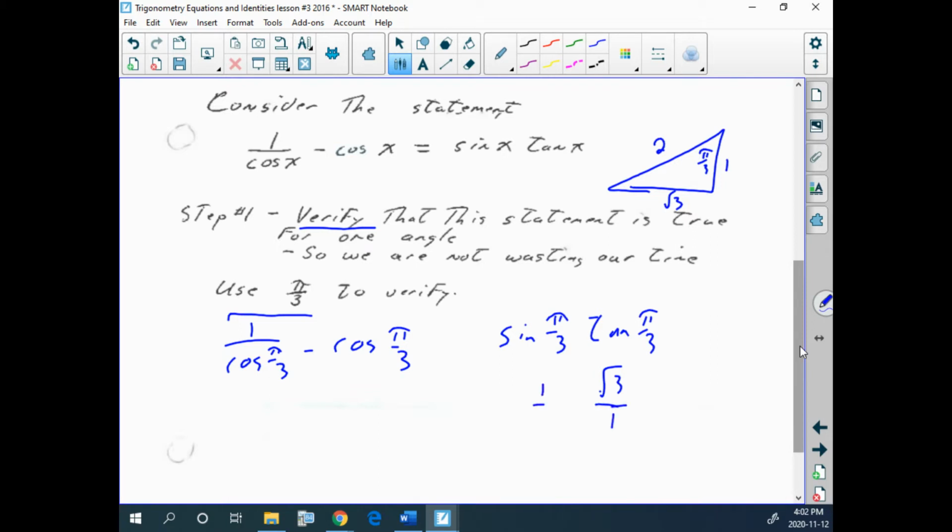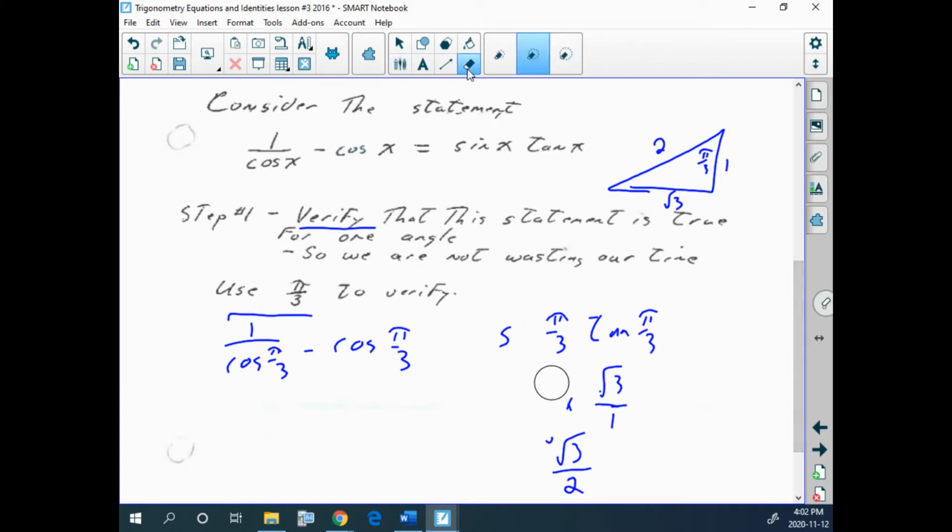So 1 over 2. We end up with square root 3 over 2. What am I doing? No, I'm messing that up. I'm sorry. Sine of pi over 3 is actually square root 3 over 2. I was using the wrong angle. Opposite over hypotenuse. So we end up with 3 over 2.